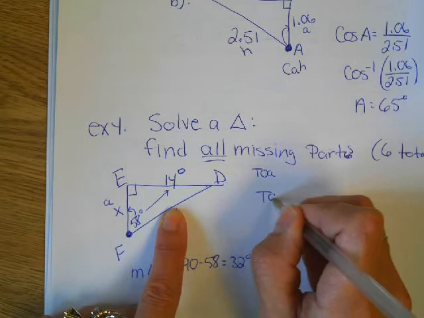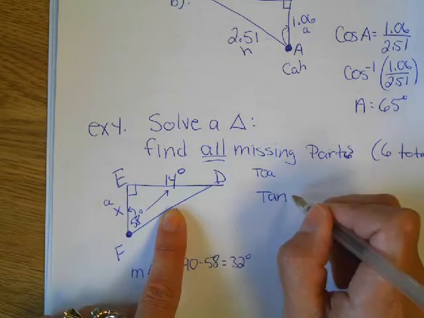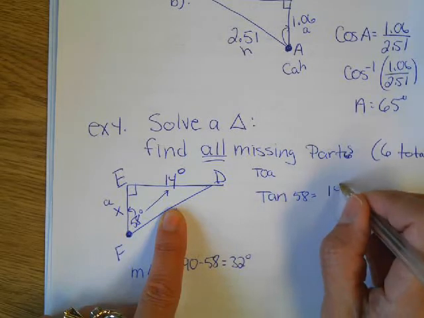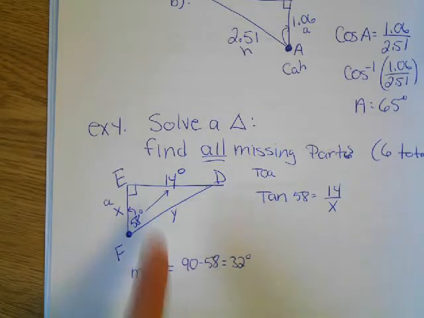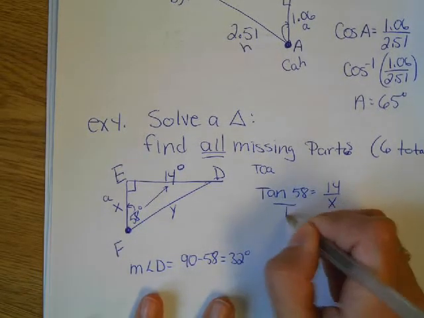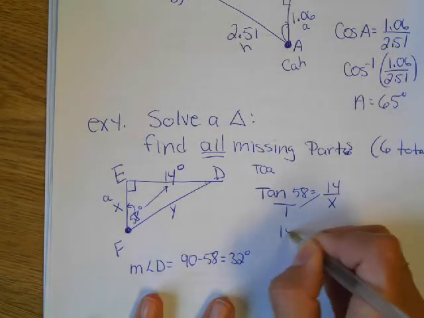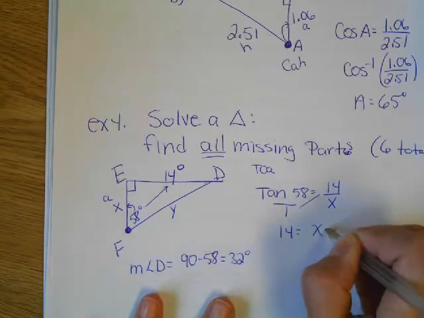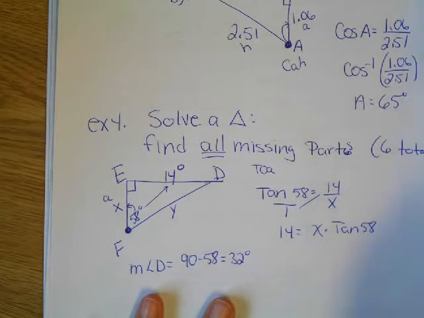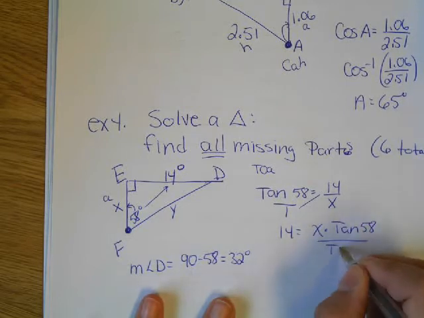So the tan of 58 is opposite, the 14, over the adjacent. Cross products, 14 equals x times tan 58. Divide by the tan of 58.